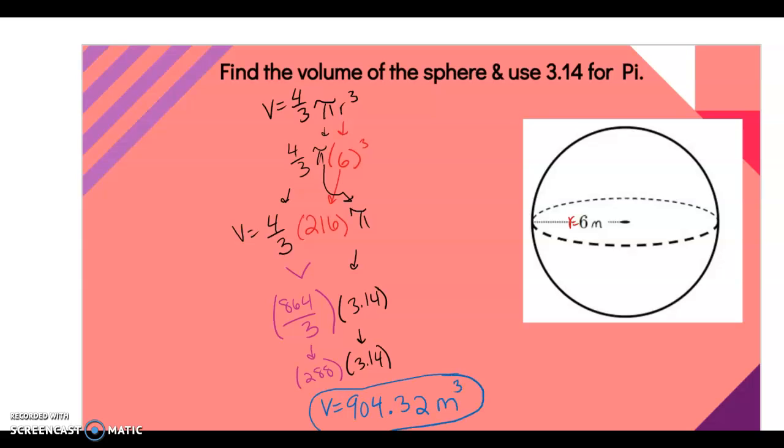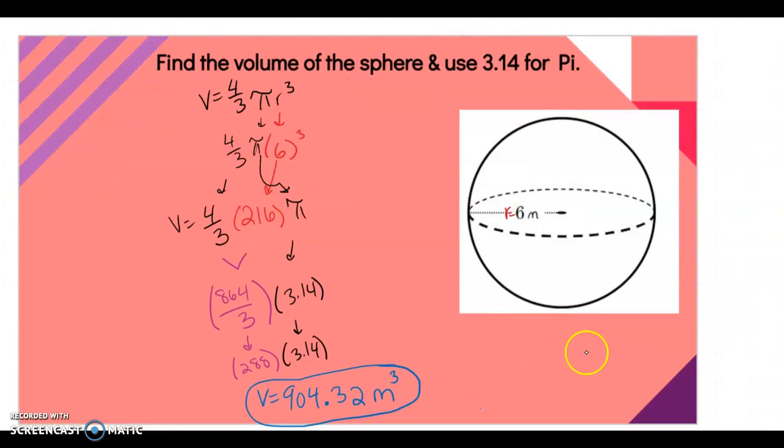So I'm not going to round for this one. Even if I tried to round to the tens place, this 2 stays and that 3 doesn't change. So there's my final answer, 904.32 meters cubed.